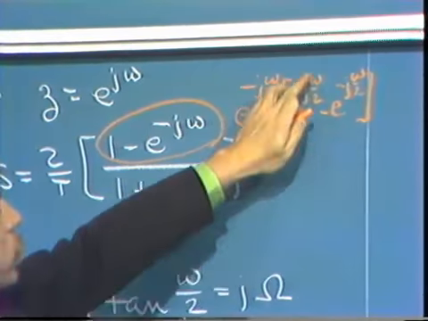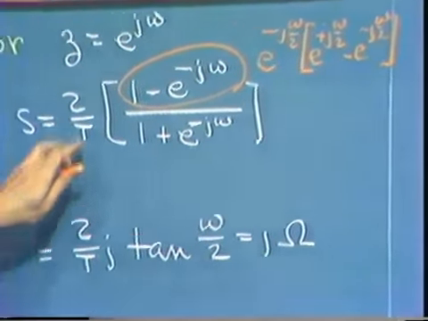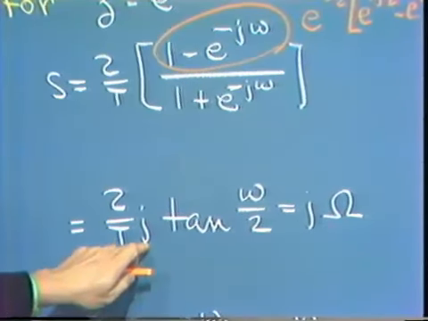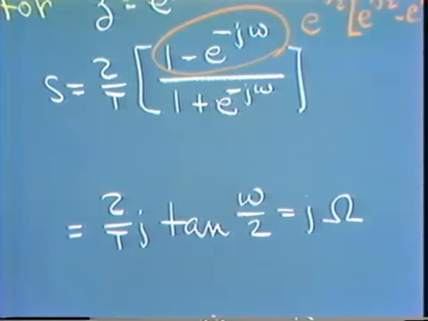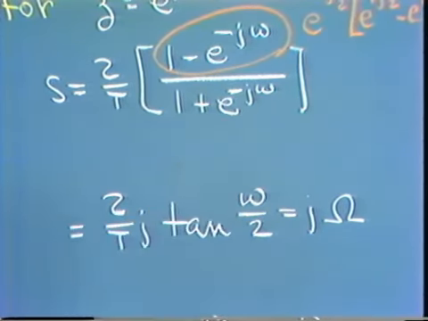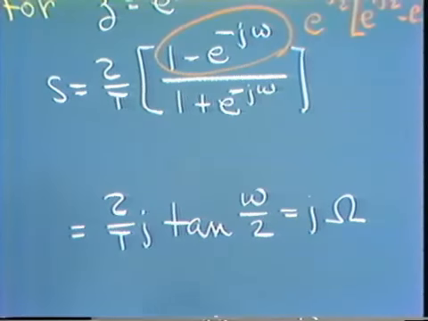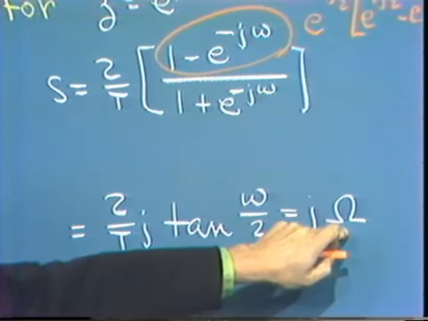Well, likewise, we can carry out a similar manipulation with the denominator term. The result then is that this can be rewritten as 2 over capital T times j times the tangent of omega over 2. Well, since omega ranges from 0 to 2 pi, this is always a real number, tangent omega over 2, and consequently, we can rewrite this as j times a real number, capital omega.